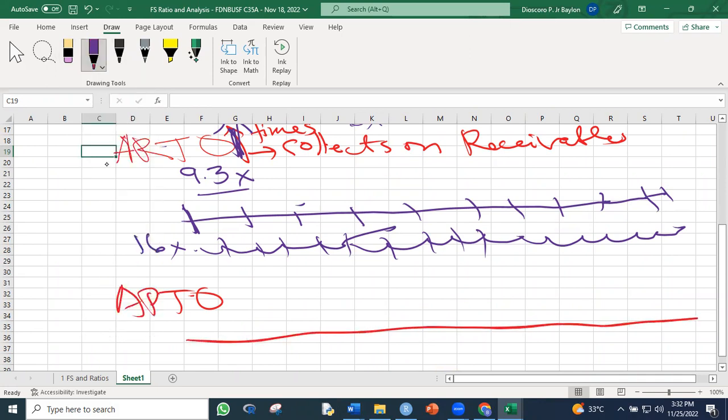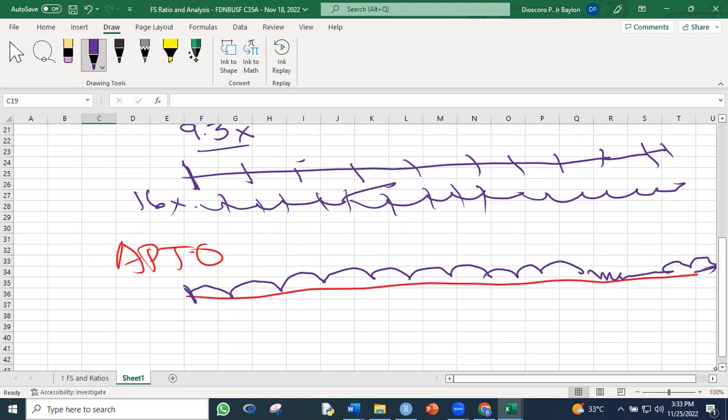Okay, so for our company, it's 17 times. So buy raw materials, pay once, 2, 3, 4, 5, 6, 7, 8, 9, 10, etc. So this is 16, 17. All right, 17 times for our company to buy raw materials and then pay.